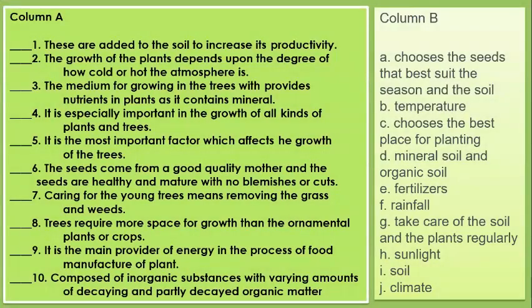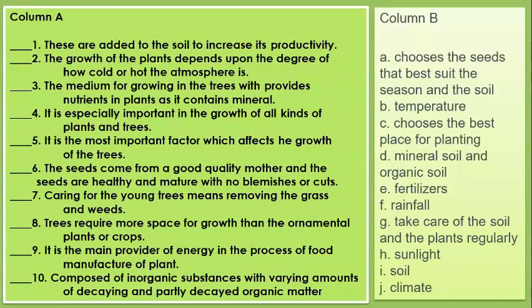So you have there column A for the questions or the statements, and column B for the answers. You have to choose your answers from column B. Ready? Let's start. Number 1. These are added to the soil to increase its productivity.